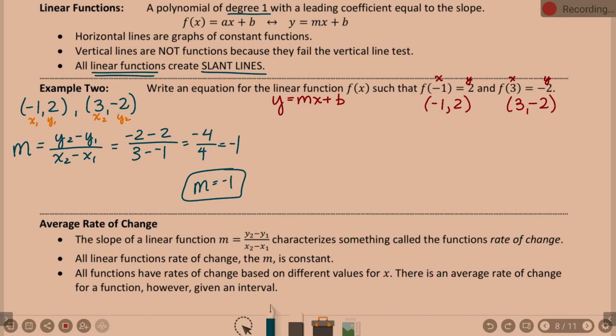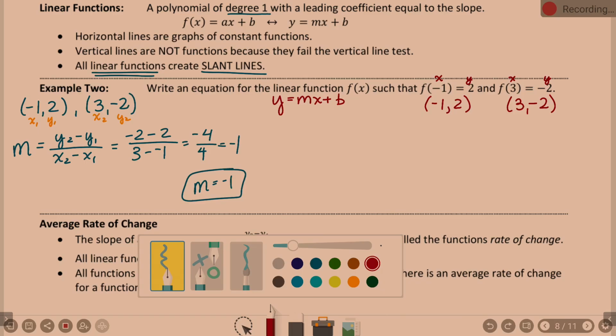We have our slope. What are options for finding the y-intercept? Can you plug in negative 1 for m and one of the coordinates for x and y? Yes, so take your y equals mx plus b. Which point do we want to use? Negative 1 and 2.